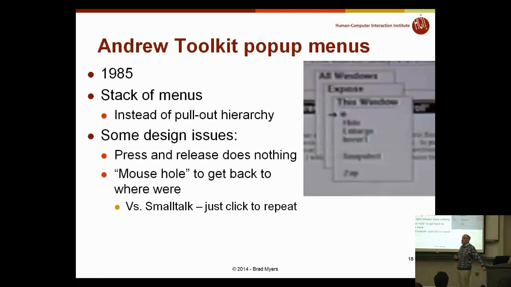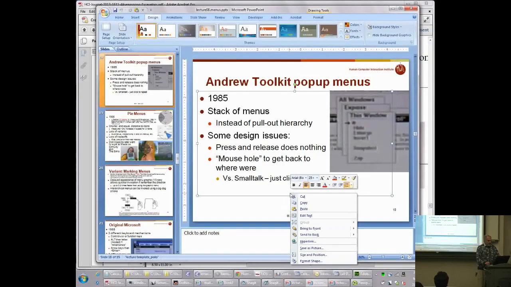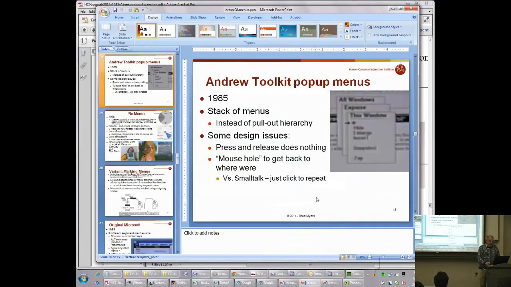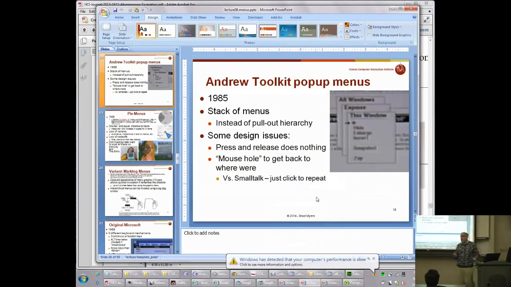So one of the issues with pop-up menus is you usually don't want it to do anything if you just click the mouse and release, because people often do that by accident. So if you look at a typical context menu, it comes up with nothing selected, right? And if you look at the video about Smalltalk, it actually did select something when you clicked.